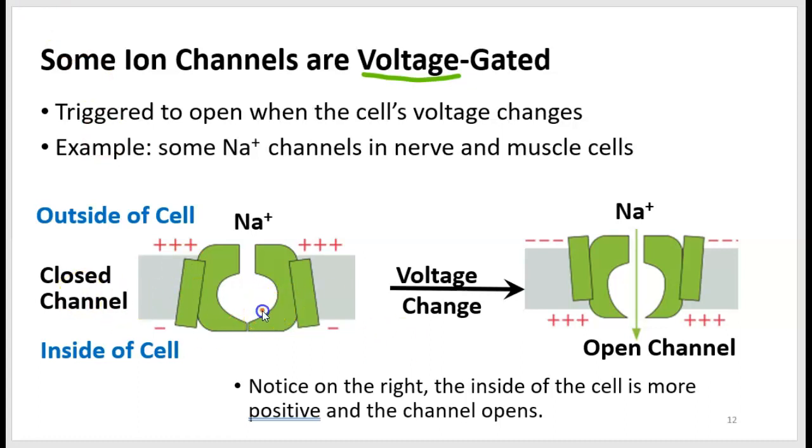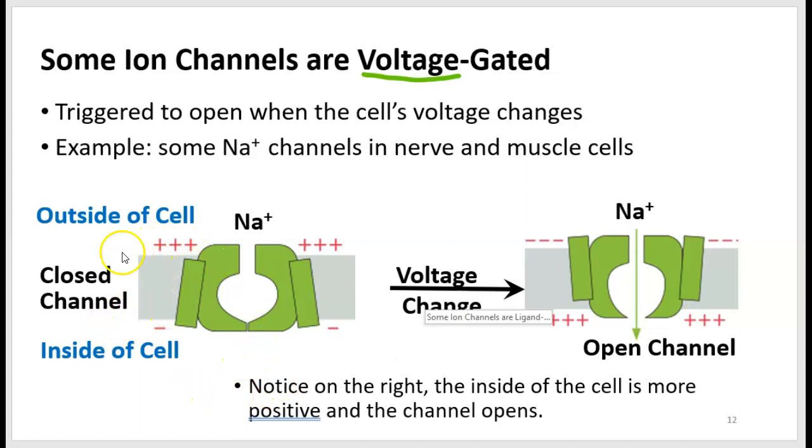Okay, so in this picture on the left, I'm showing you where the channel is closed, because it looks open on the top, but it's closed on the bottom to the inside of the cell. And notice on the right, it's open. Okay, so that's where it's open. Now, how does that occur? It happens when the inside of the cell becomes positive.